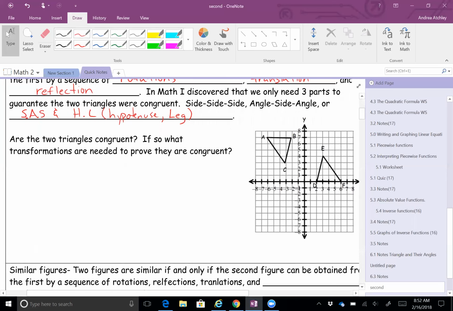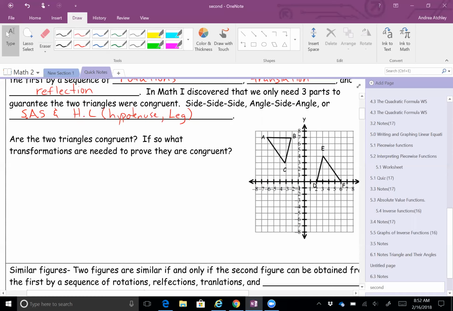So we want to prove these 2 triangles are congruent, okay, by transforming them. Since I don't have any measurements, I'm going to transform them. So my goal is to get triangle ABC onto triangle DEF.